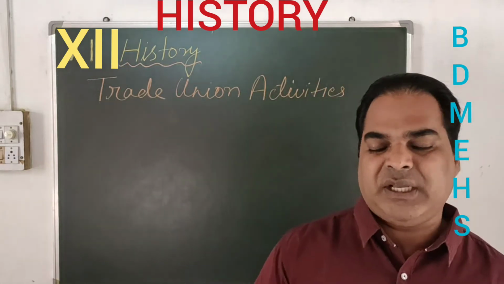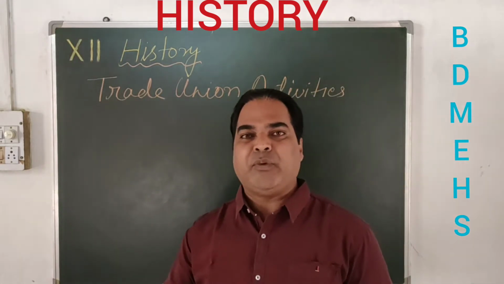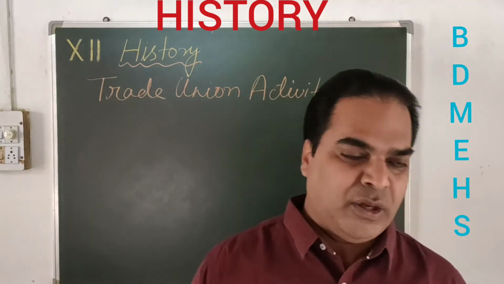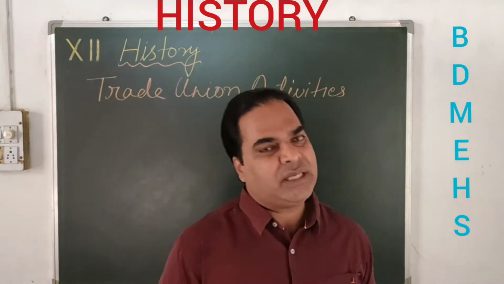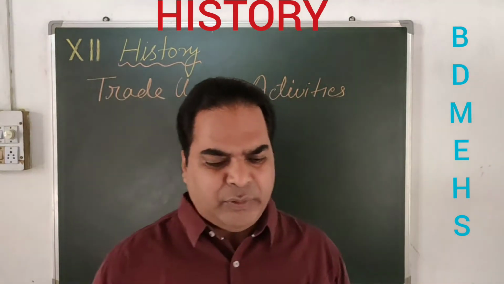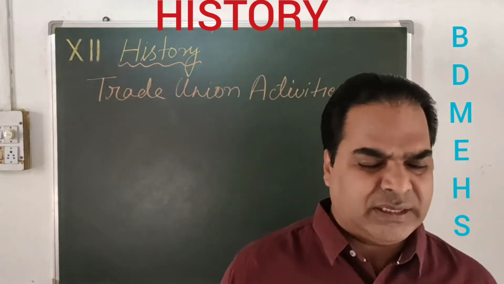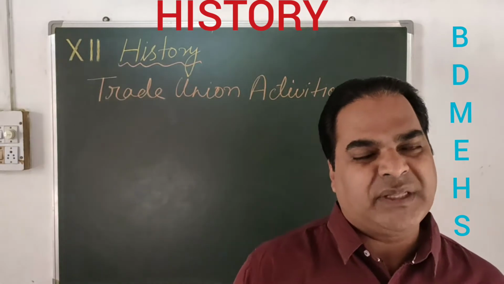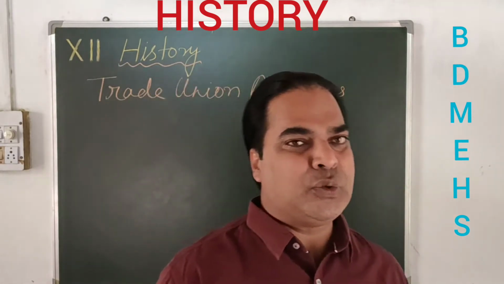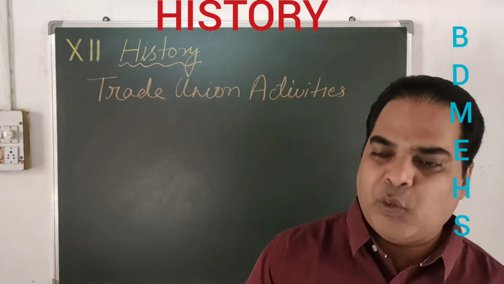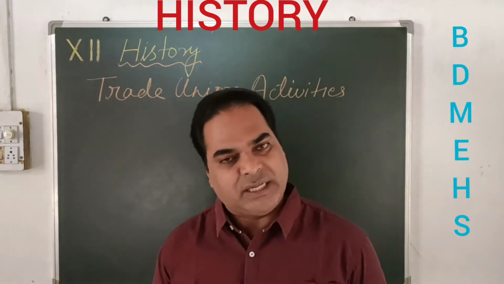Wherever industries are, the working population shifts there and provides the working force. During that time, Bombay and Ahmedabad were the main centers of textiles. Textile mills and jute industries were there, and the working populations settled there.